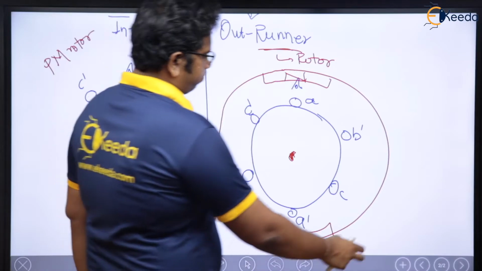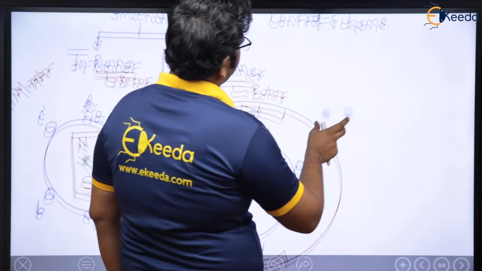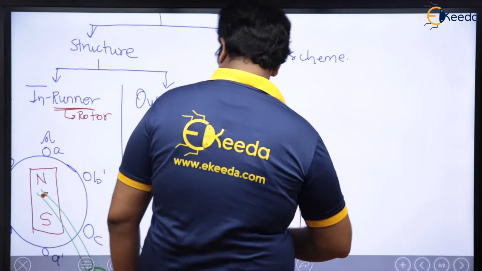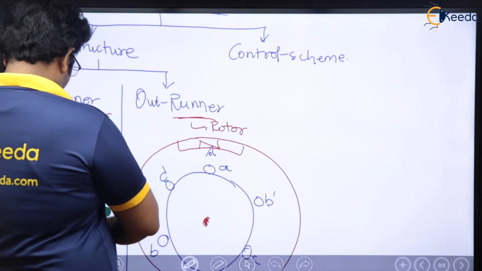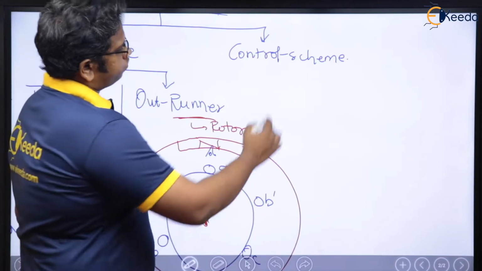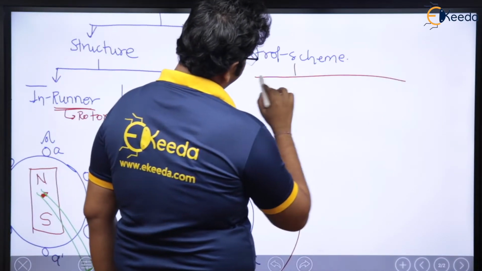Now let us think of, see, what is the meaning of control schemes. Control scheme, if you see, we are going to have three types basically.